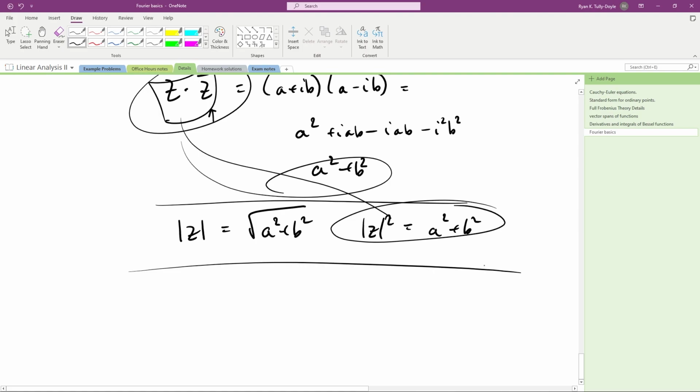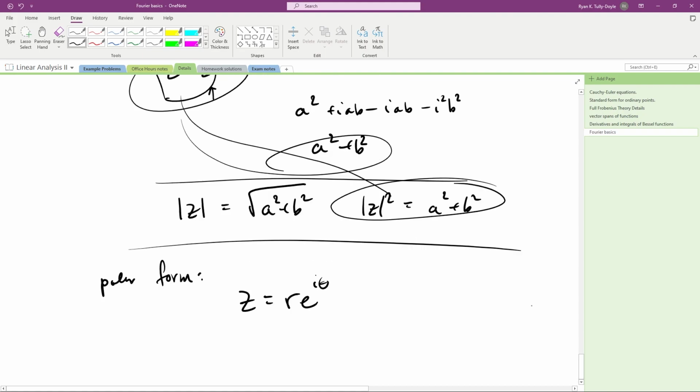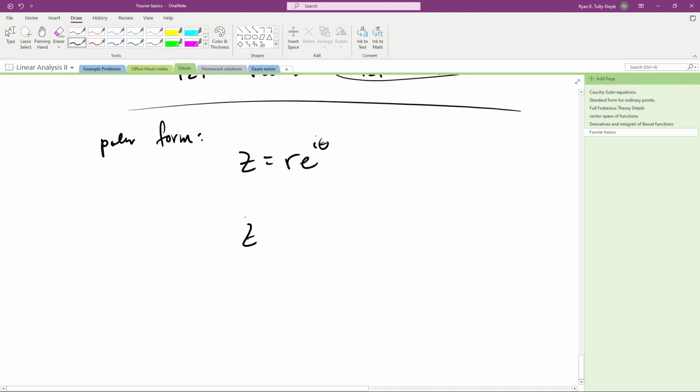In 6b, it's actually easier to show what's happening if you use the polar form. So let's talk about that for a second. If you have a complex number written down as z is equal to r e to the i theta, and you take its conjugate, remember that when you have a complex conjugate applied to a whole brick of stuff, it goes inside and hits all of the pieces individually.